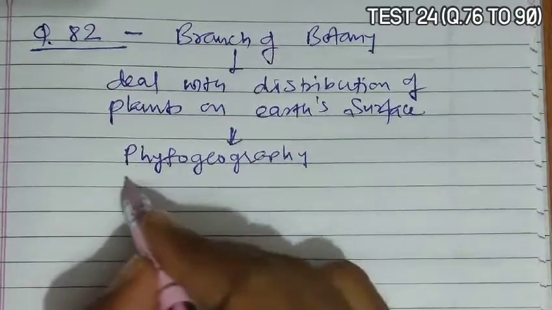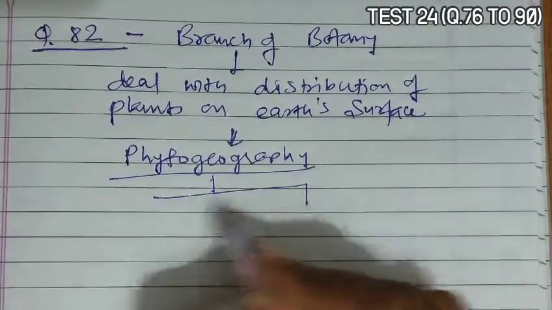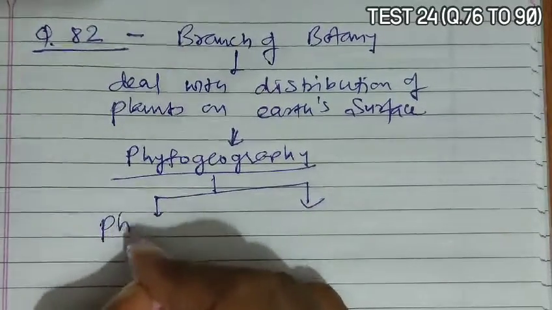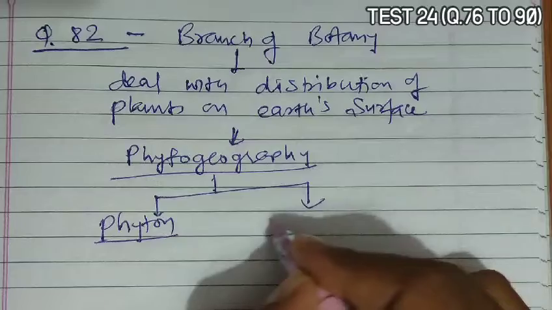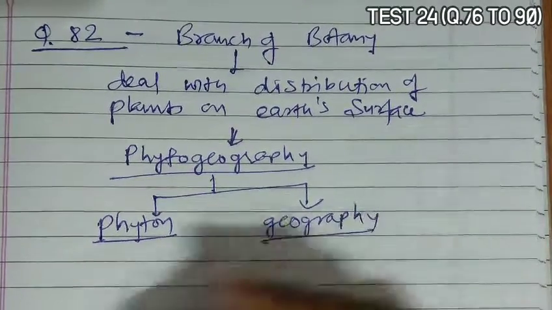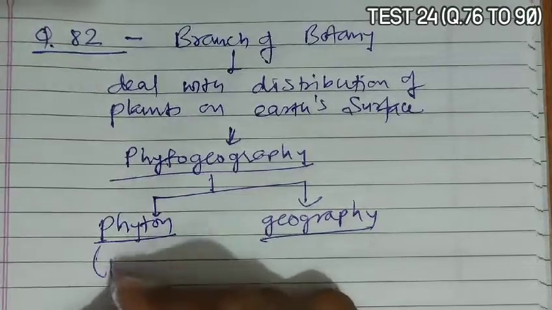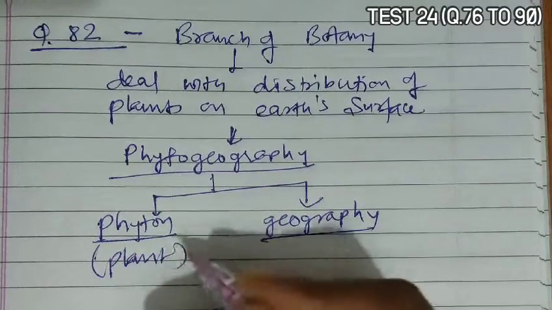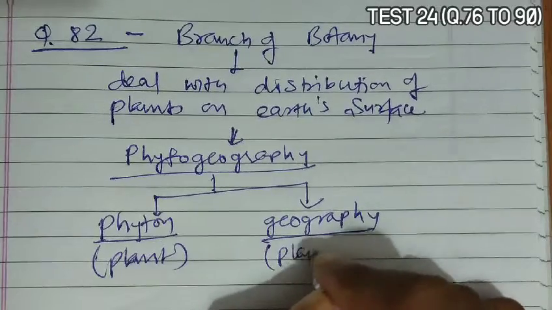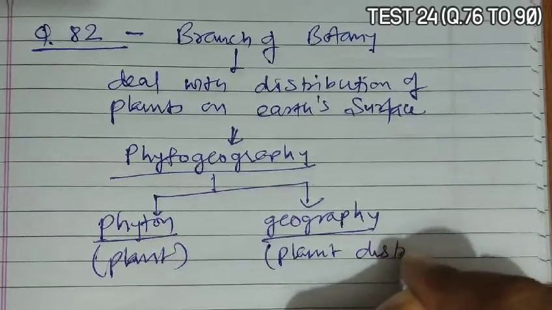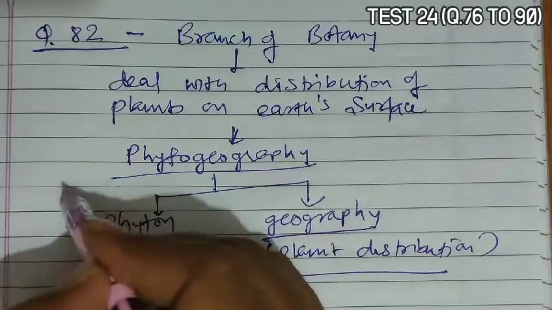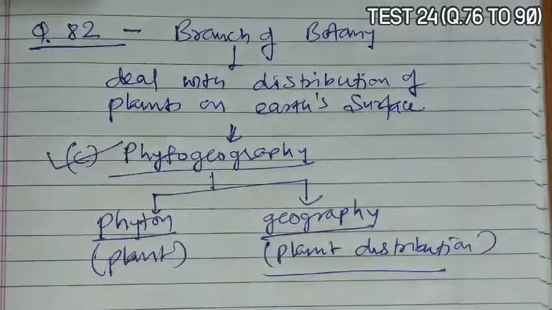Why? Because phytogeography is made up of two terms, phyton and geography. Phyton means plant and geography deals with distribution. So the correct answer is option C.